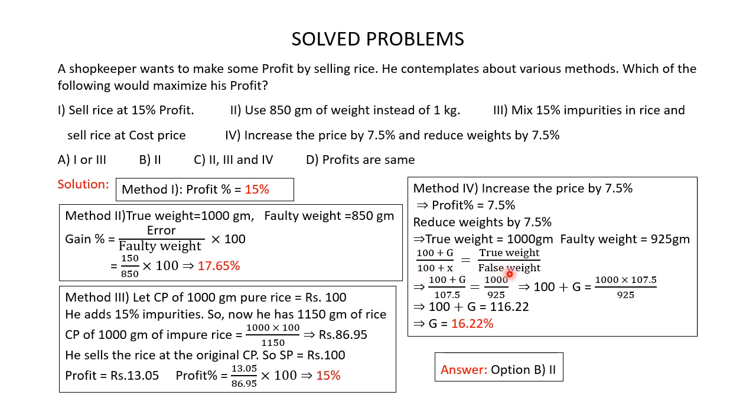Now substituting all these values in the formula here, we get (100 + G) / (100 + 7.5) is equal to 1000 / 925. On cross multiplication and solving, we get G is equal to 16.22%. That is, the overall gain percentage is 16.22% in method 4. Now as you can see here, the profit is maximum in method 2. So the correct answer is option B, 2.